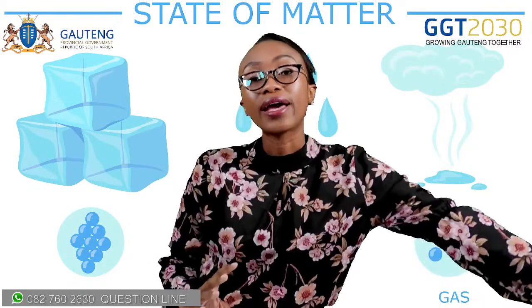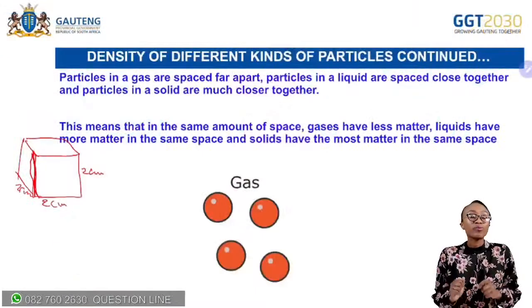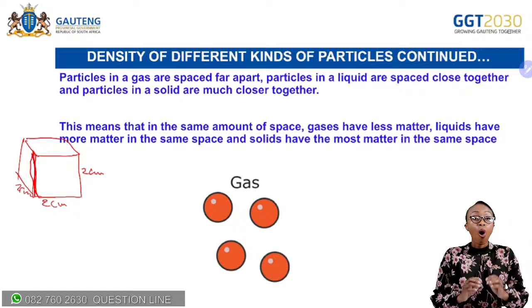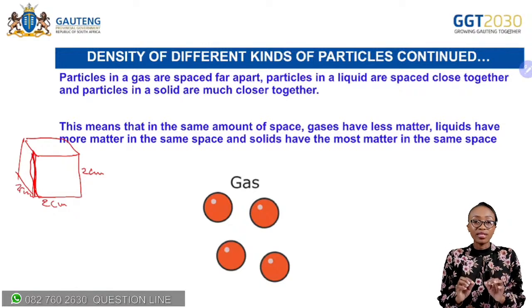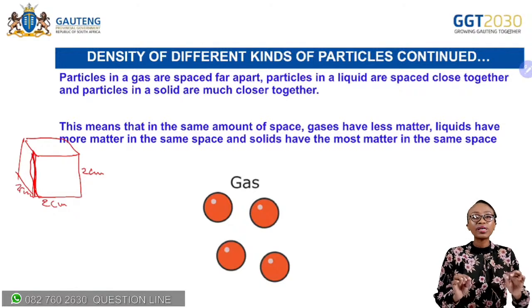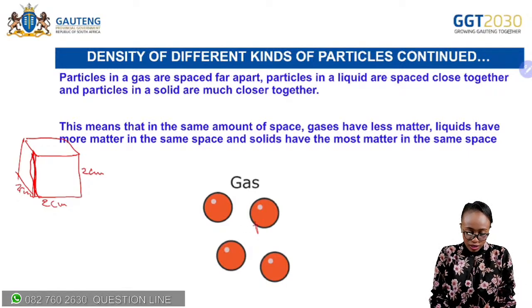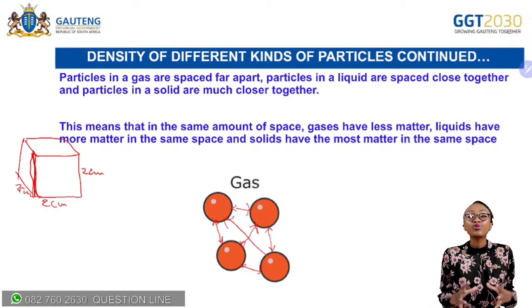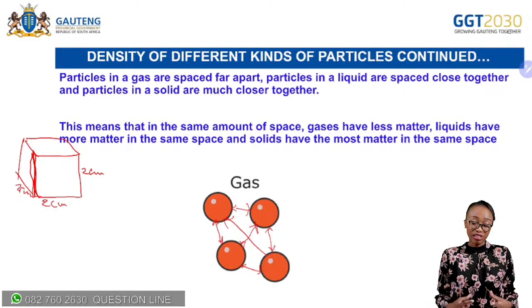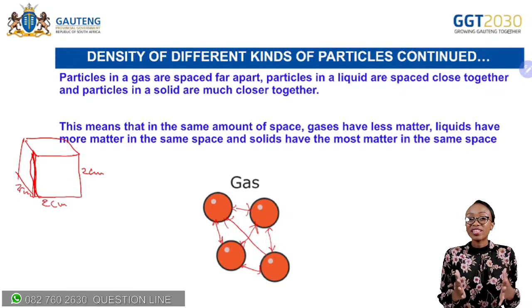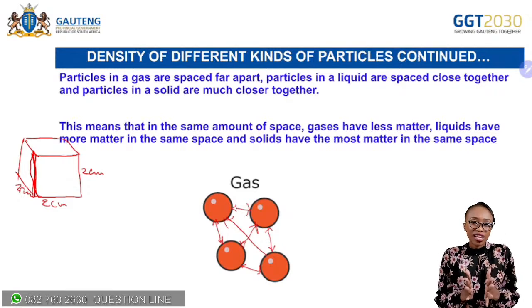The reason I can compress it is because, remember, we said the particles of a gas have huge spaces in between. Look, there's a space there, a space between these two, and a space between those two. So the gas has huge spaces in between its particles. That's why I am able to compress that balloon.